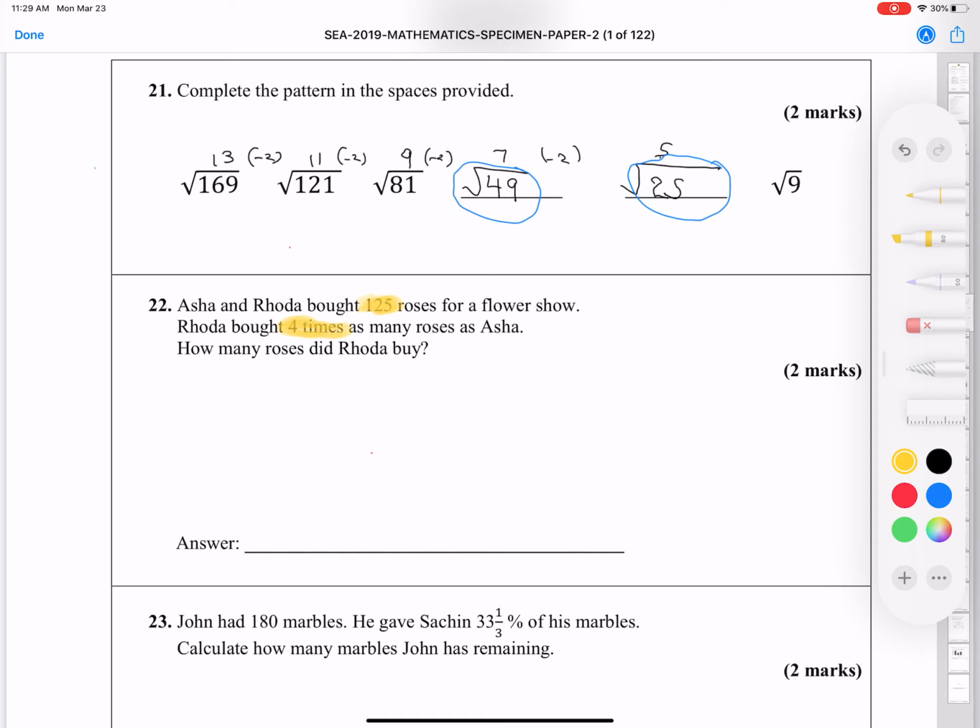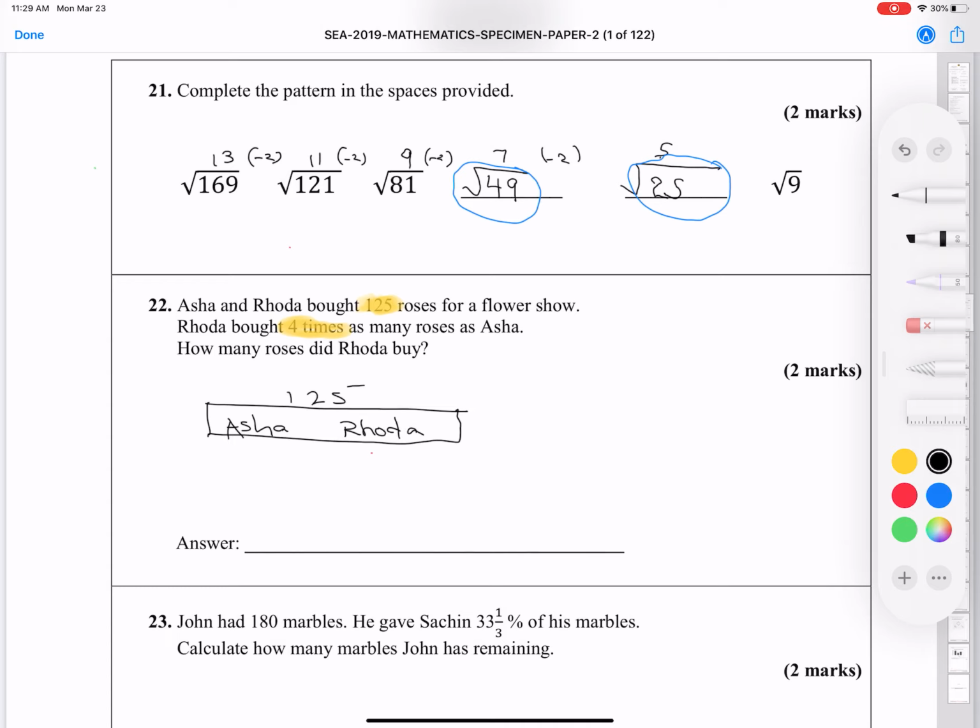Okay, so I'm going to draw a bar, which is going to show you that the total, the combined total, Asher and Rhoda equals 125.